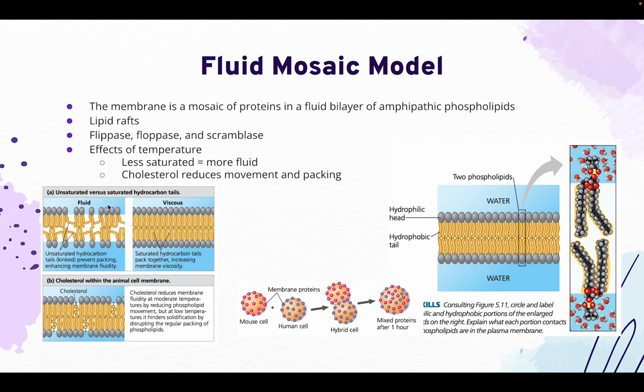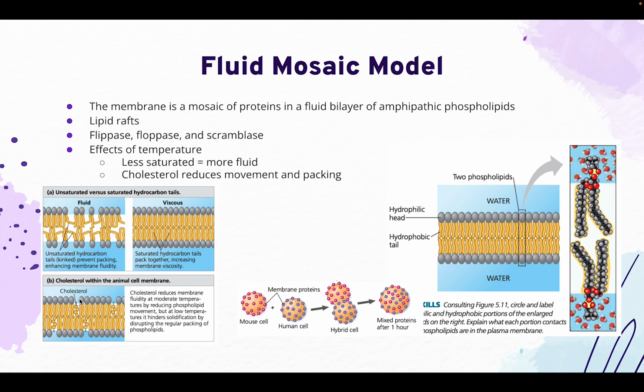So they're going to be very loose, and that just results in them flowing very easily. Whereas if it's more saturated, you're going to be able to pack those lipids tighter together so they don't move quite as easily.